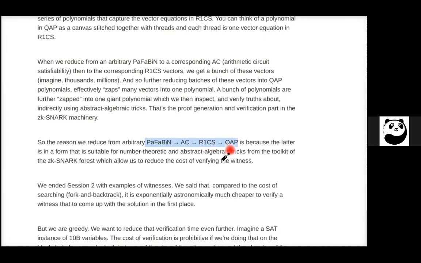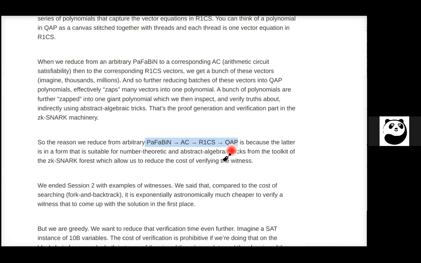We zap them up into an equivalent representation of polynomials. We add them up into one giant polynomial that is equal to 0 if and only if the computation was done correctly. So we started with a problem that belongs to that class, and we ended up with one giant polynomial that described all of them.